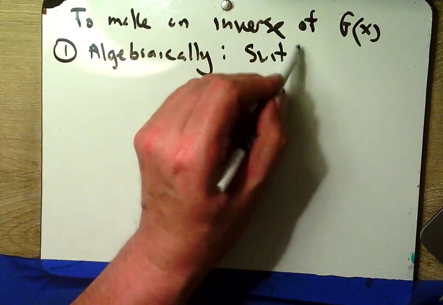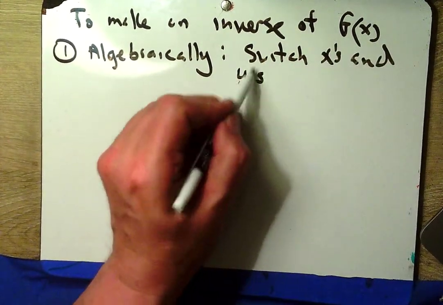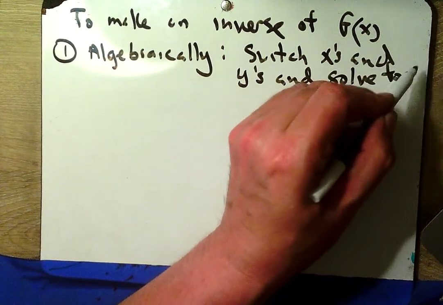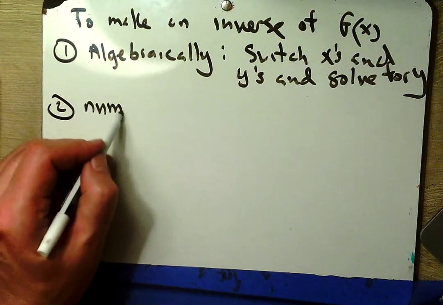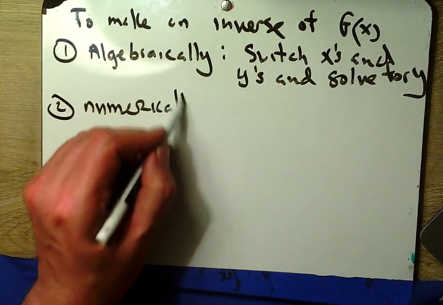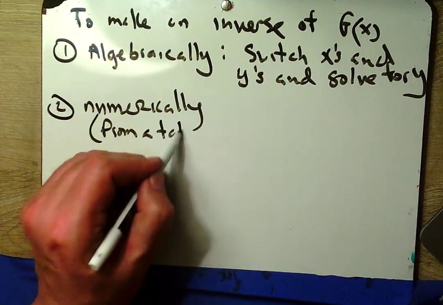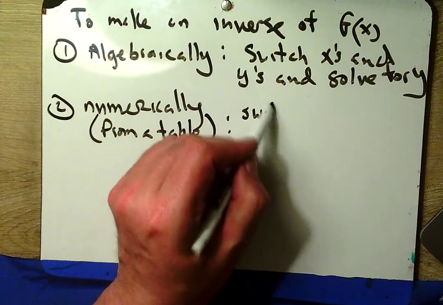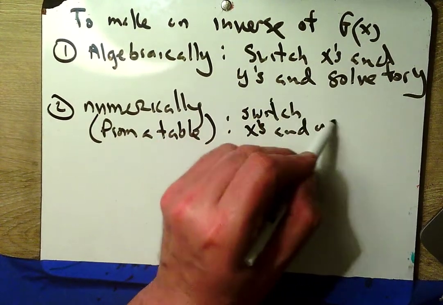Switch the x's and y's and solve for y. Two, numerically, or from a table, I want to switch the x's and y's.